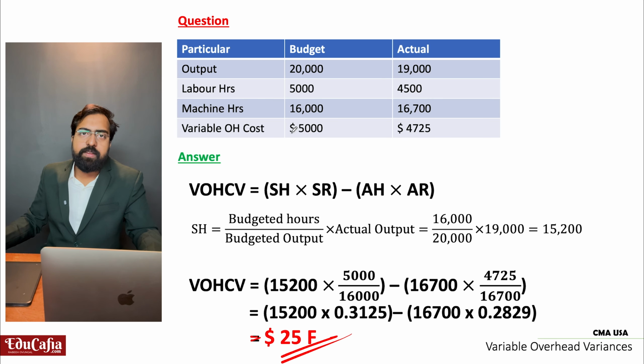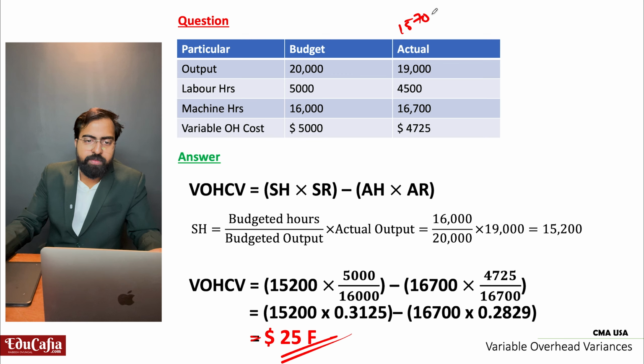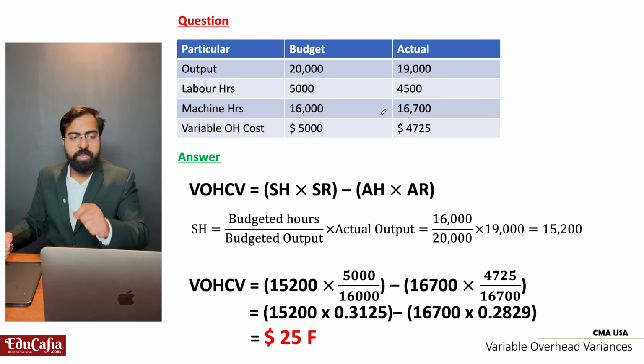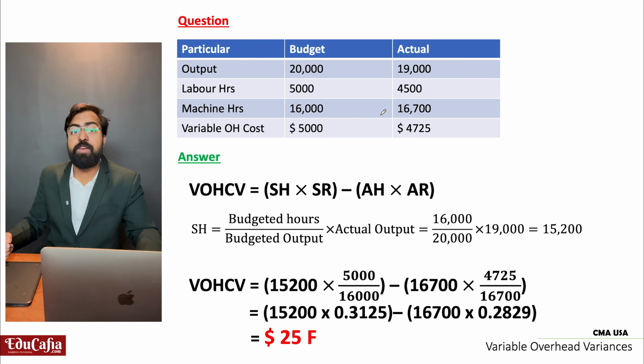So why is it so? Because we know 15,200 hours we have to take as standard, but actually we took this much. But here 5,000, and here 4,725. This is the only reason for the favorable condition. You got it?